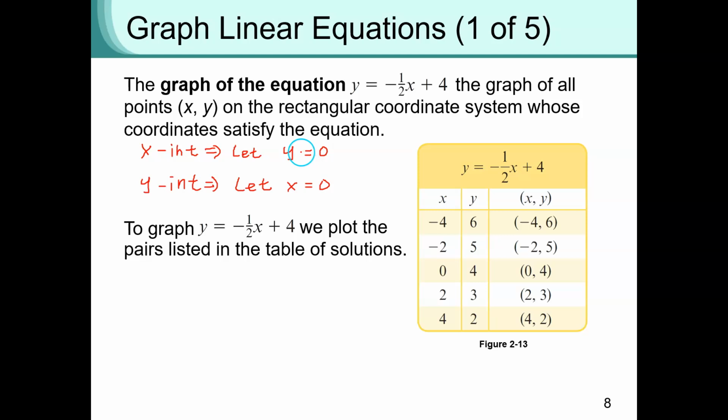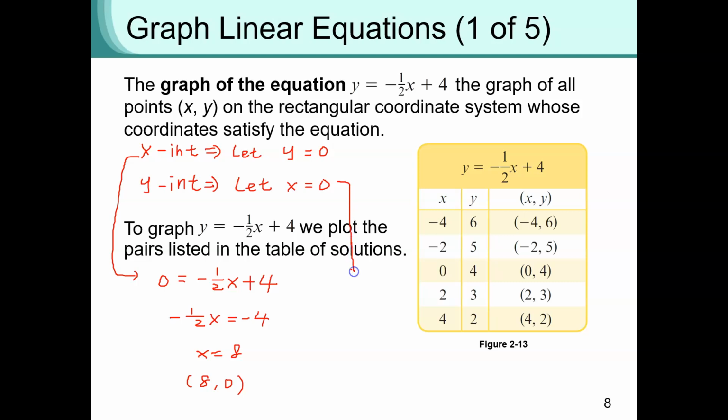So now, getting the x-intercept, we set y equals 0, so 0 equals negative half x plus 4. So negative half x equals negative 4, which is x equals 8. So the x-intercept is 8, 0.